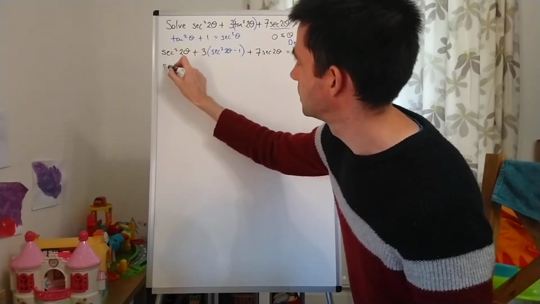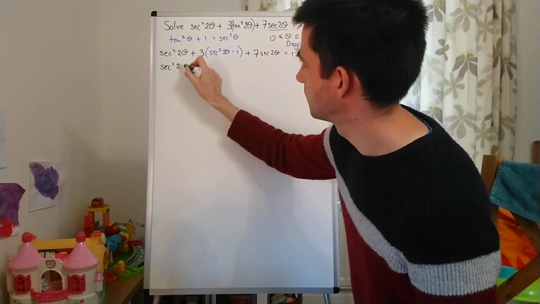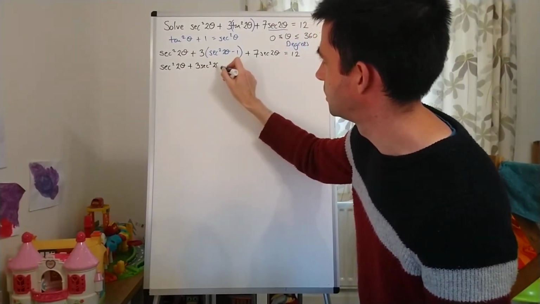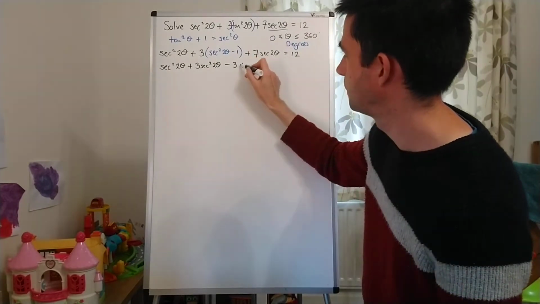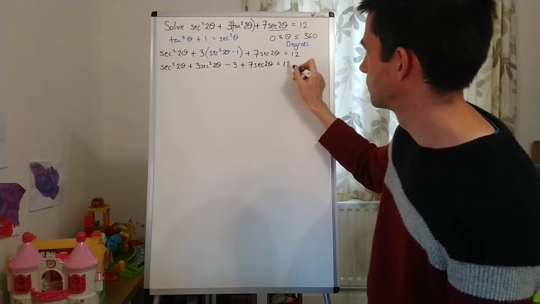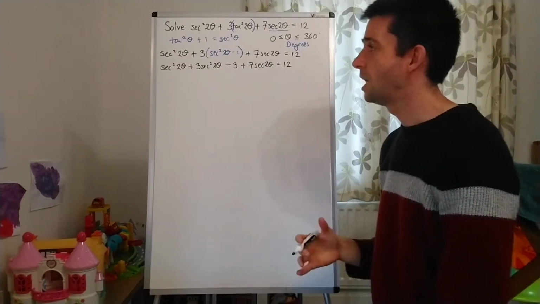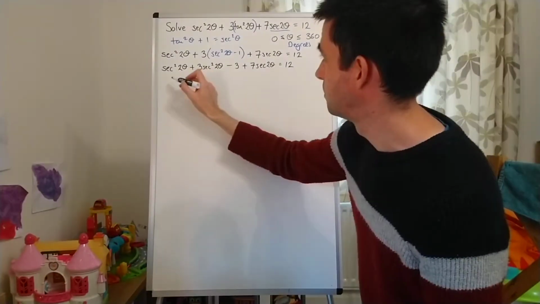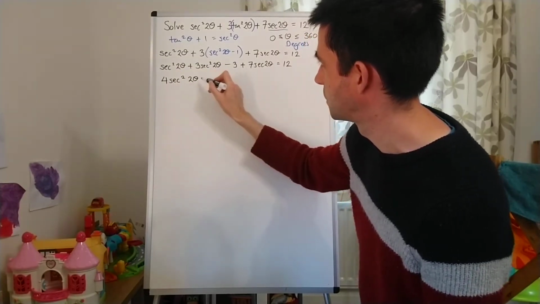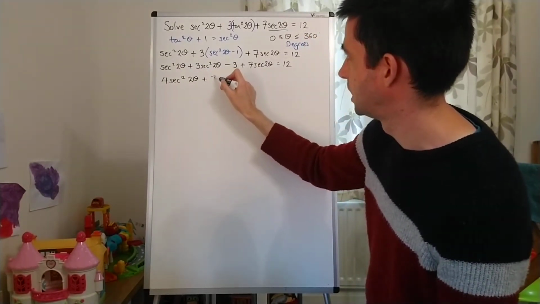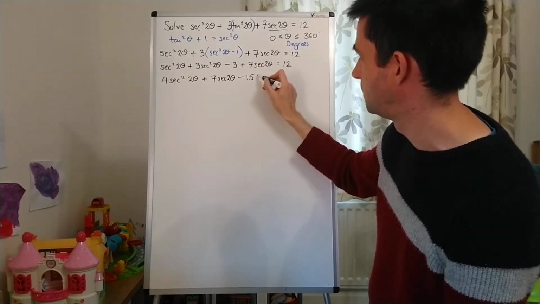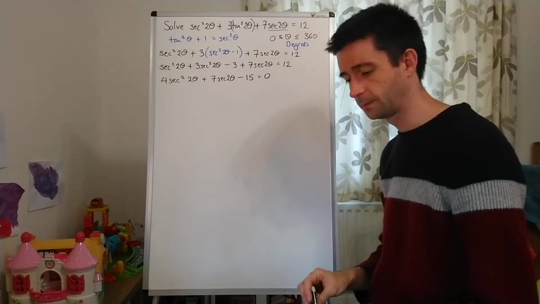So I have sec squared 2 theta plus 3 sec squared 2 theta minus 3 plus 7 sec 2 theta equals 12. And I'm just going to simplify that into a quadratic. So 4 sec squared 2 theta plus 7 sec 2 theta minus 15 equals 0.